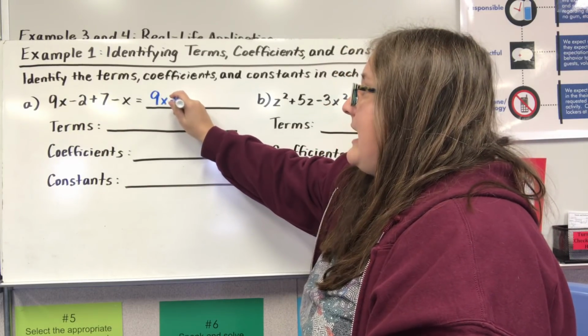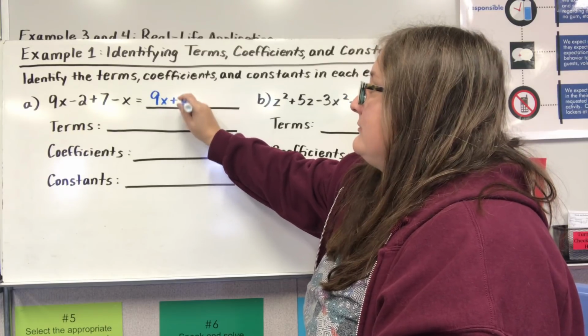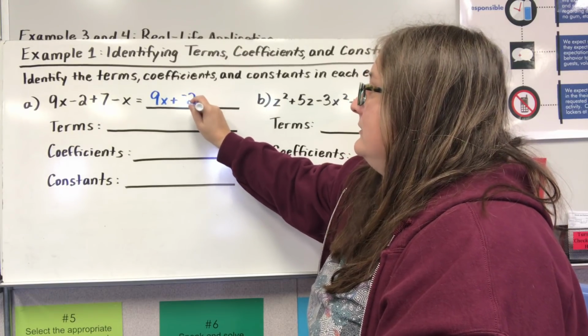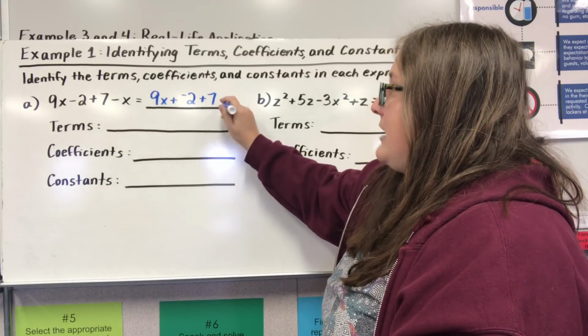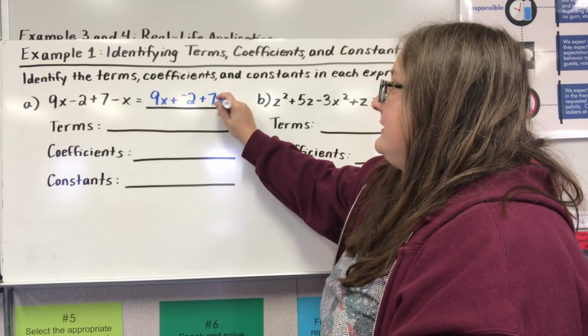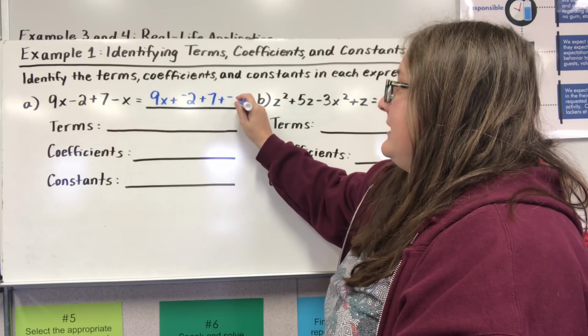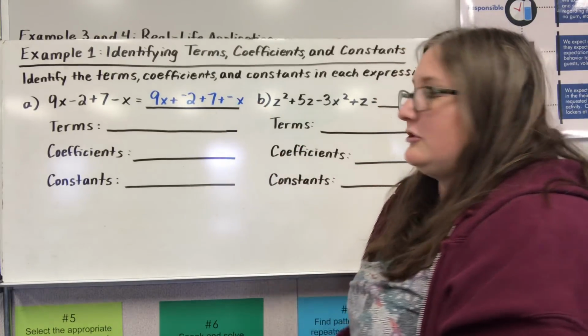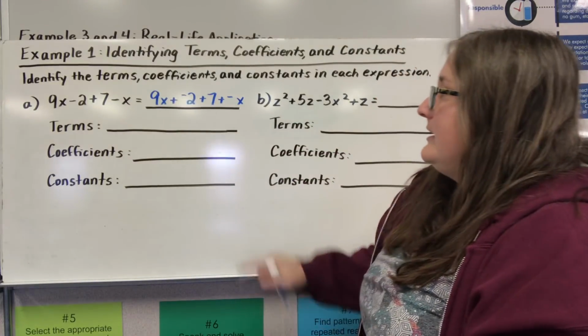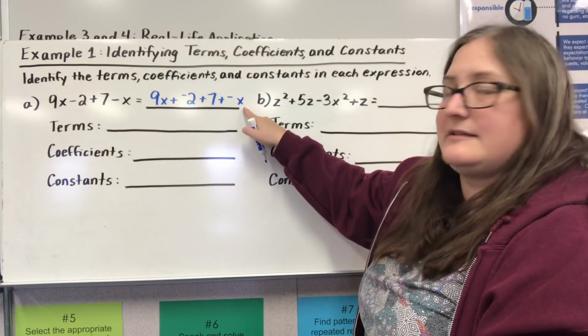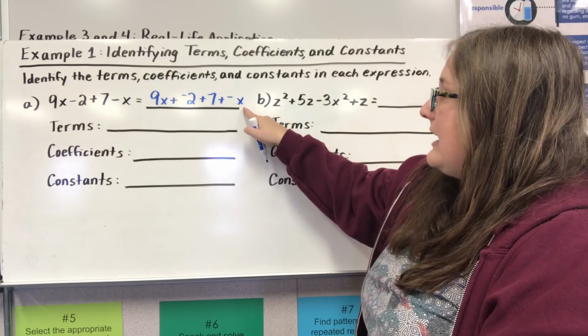I'm going to change it to add the opposite. So 2 is going to become negative 2. And then I can keep going. I have plus 7. Oh, I have another subtract, so I'm going to make this plus negative x. So anytime I saw subtract, I changed it to add the opposite.